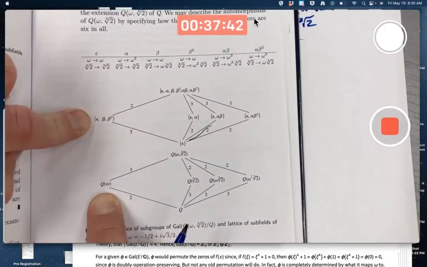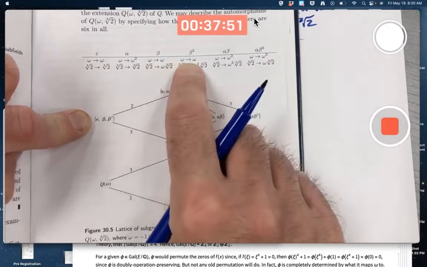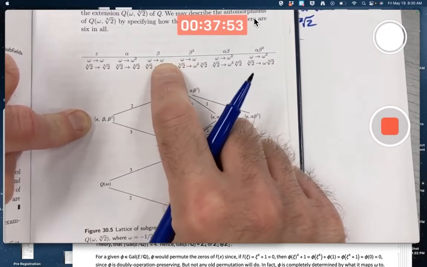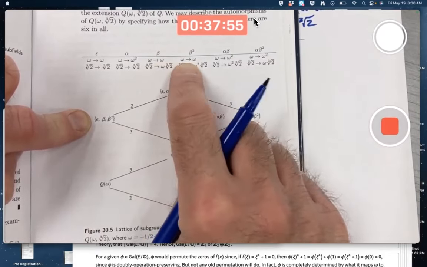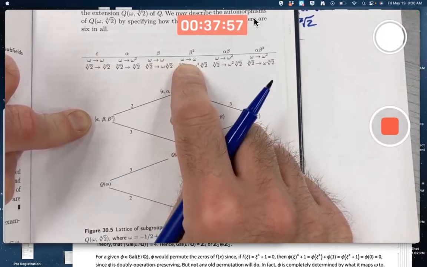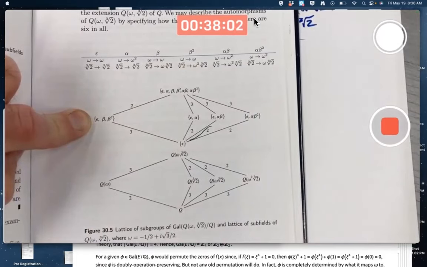Do beta and beta squared map every rational to itself? They certainly do. Do they map omega and omega squared to themselves? Well, look at the chart. Omega gets mapped to itself under both beta and beta squared. So would omega squared.